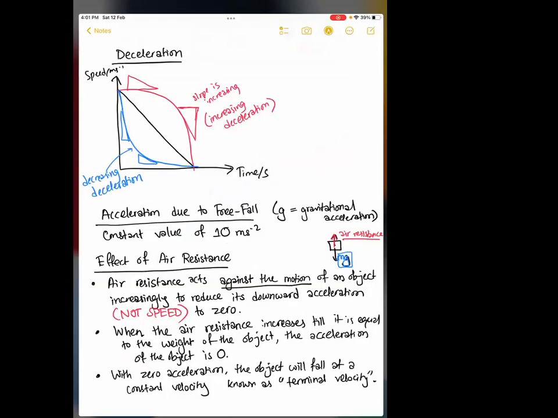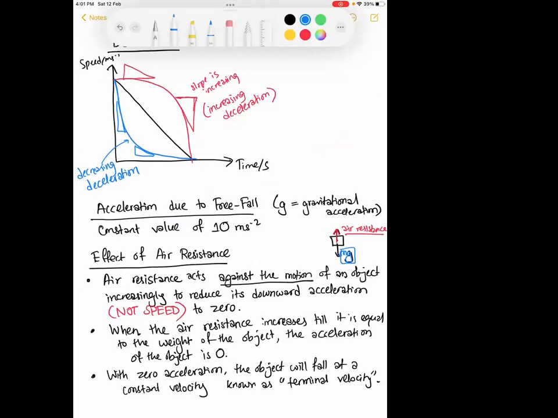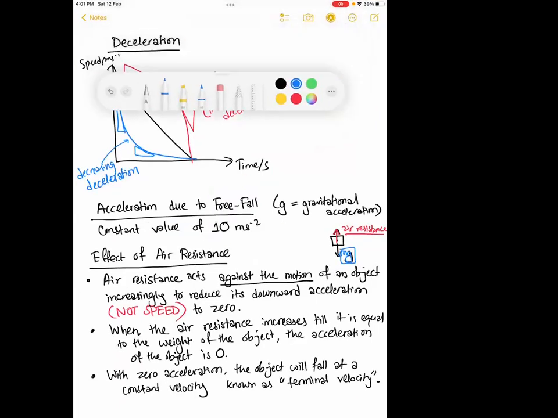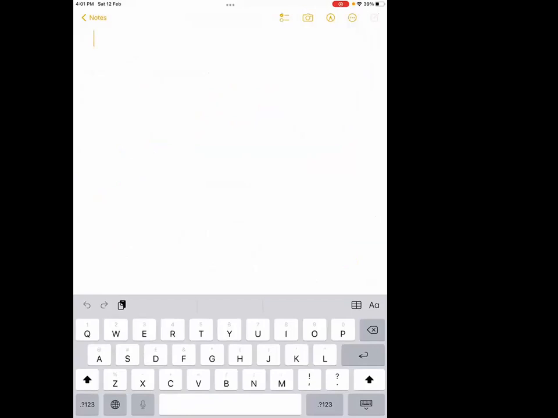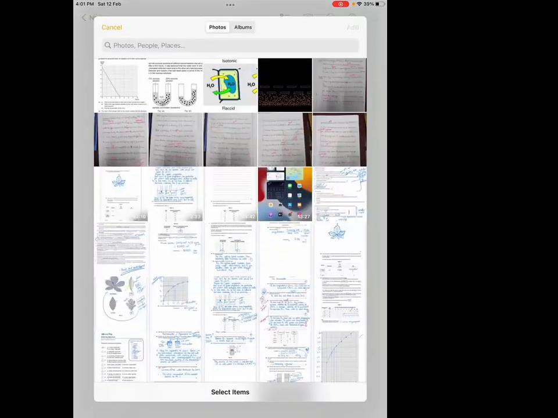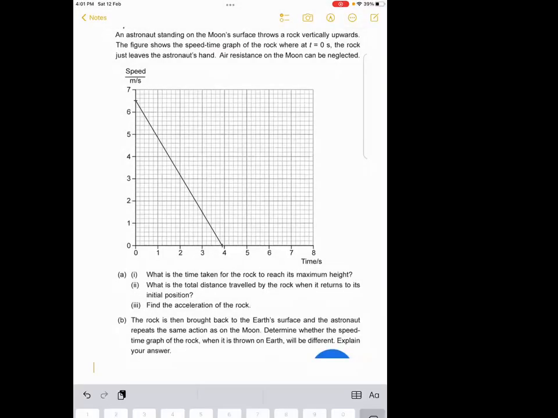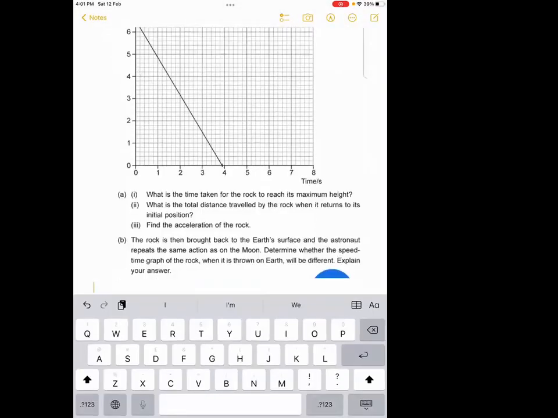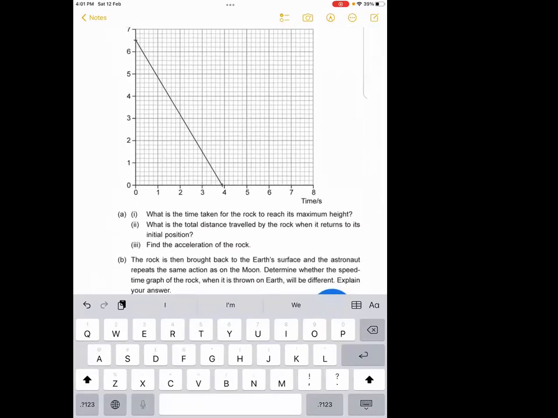Are you done copying? Yeah, I'm done. Try to solve this and then I will do this with you.